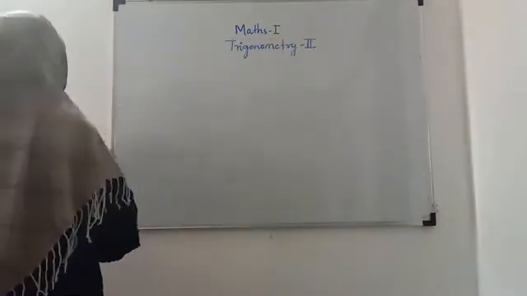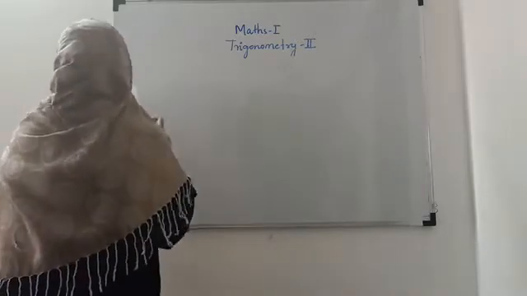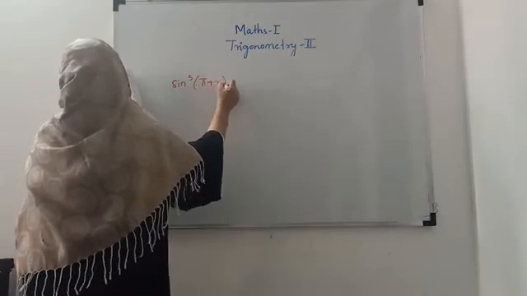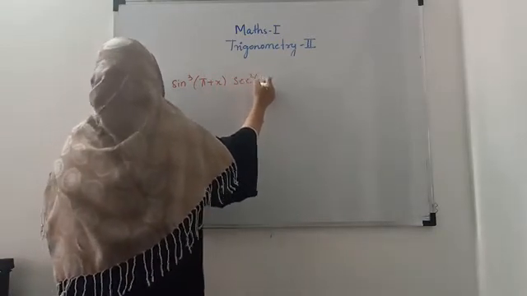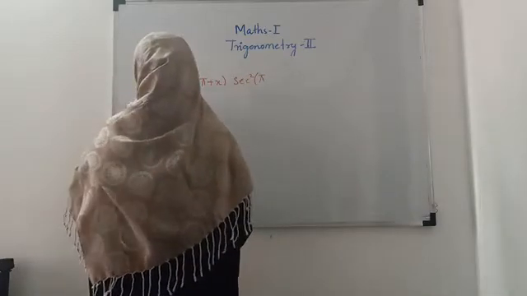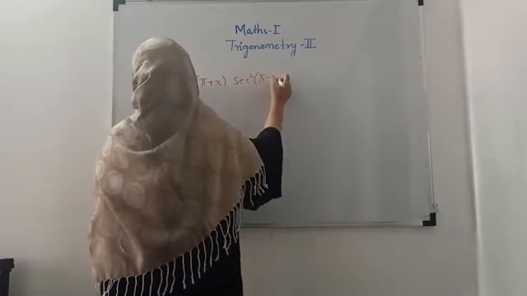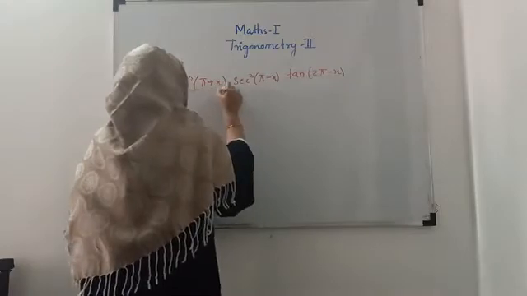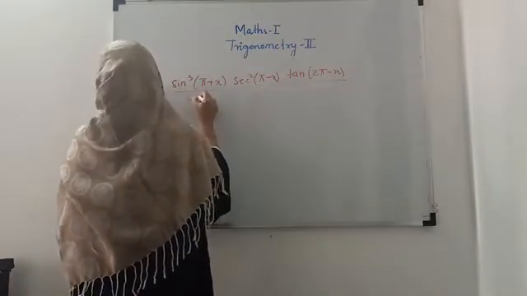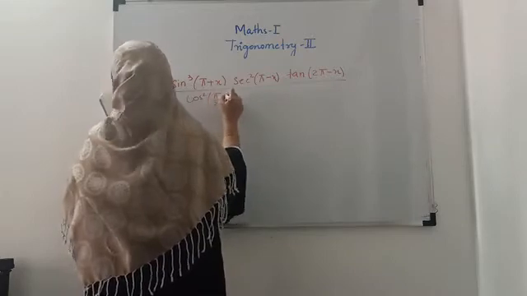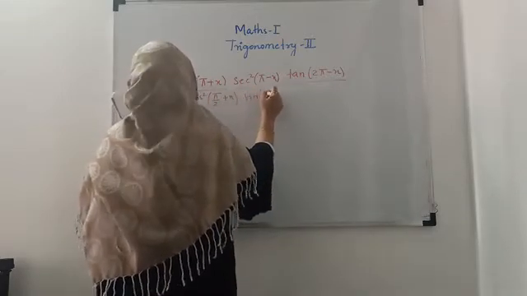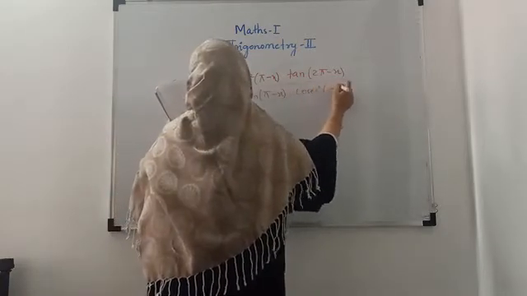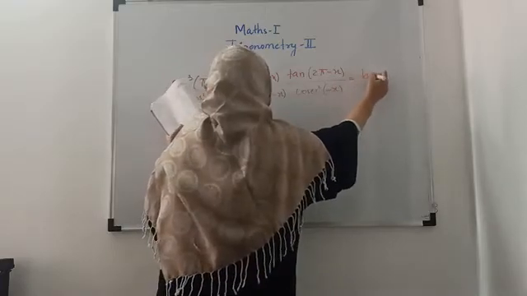Now the problem number 5th question is, prove that sine cube of pi plus x, then sec square of pi minus x, then tan of 2 pi minus x, divided by cos square pi upon 2 plus x, sin pi minus x, cosec square minus x is equal to tan cube x.